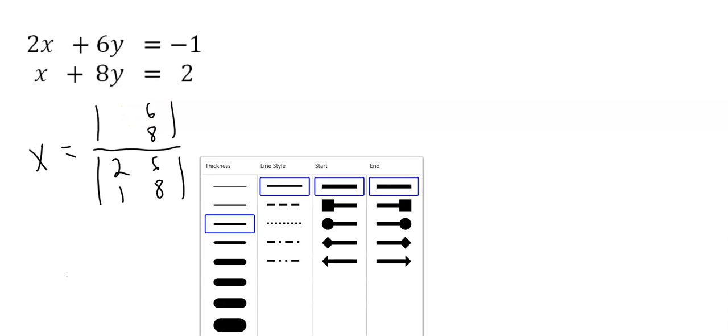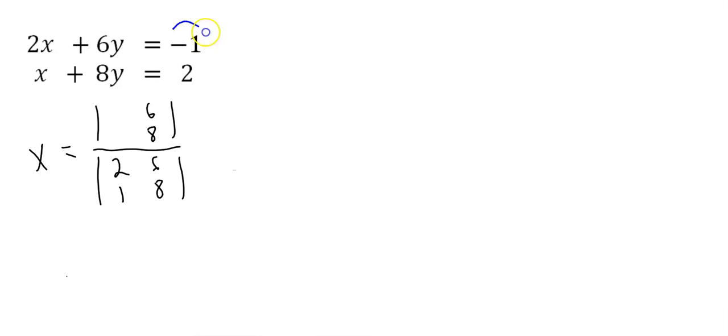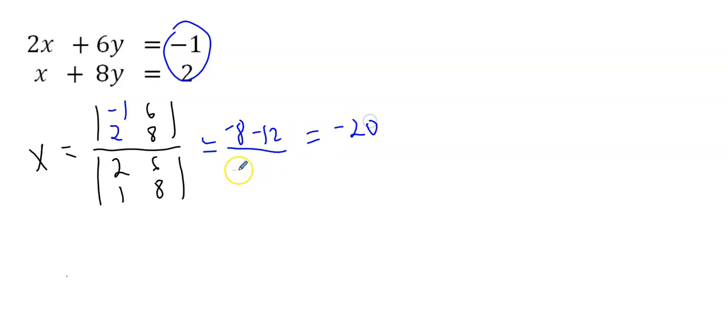And what I put in there, because x is on the left, is my constant matrix, so negative 1 and 2. Now I'm just going to evaluate this. So it's going to be negative 8 minus 12, which is negative 20. In the denominator, it'd be 16 minus 6, which is 10, which is negative 2.